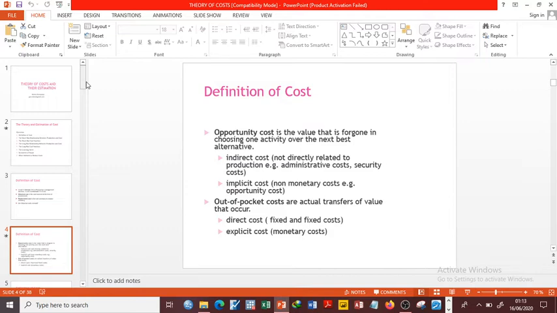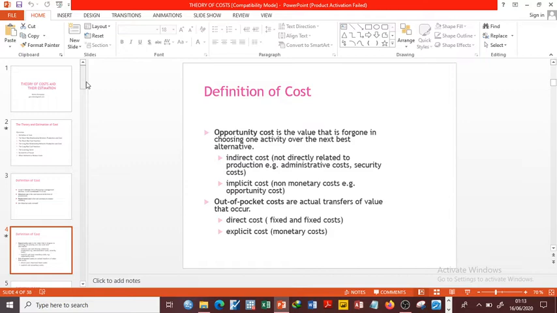And opportunity cost is an indirect cost, for example, administrative costs, security costs. An indirect cost is a non-monetary cost, right? So non-monetary costs are also called opportunity costs or implicit costs.